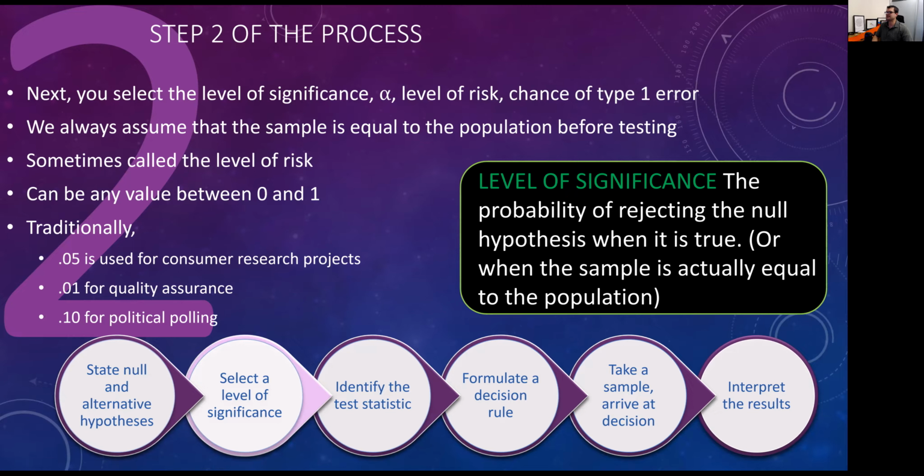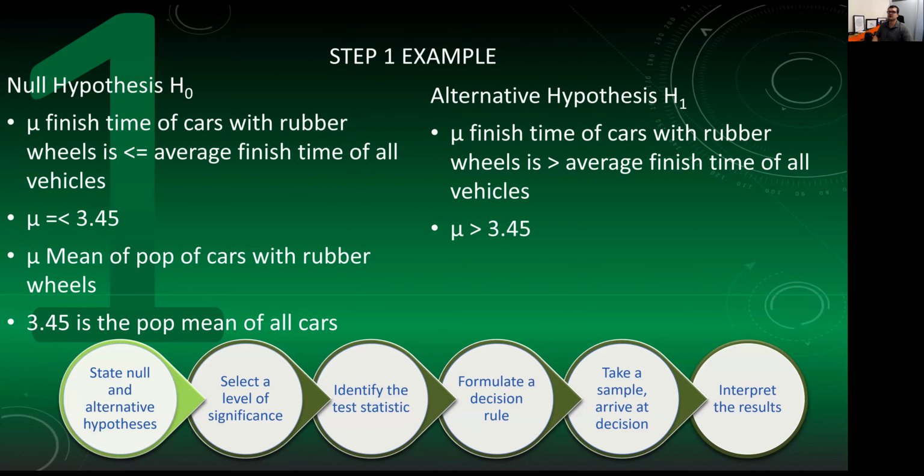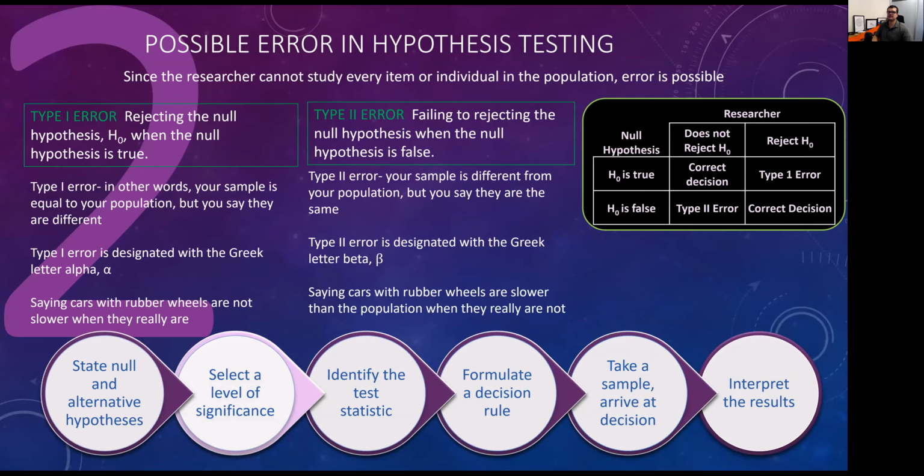So what does that really mean? The probability of rejecting the null hypothesis when it is true. So in other words, the probability of rejecting the idea that there is no difference when there really isn't, or the probability of saying cars with rubber wheels are not slower when they really are. So that's type 1 error. So there's type 1 error and type 2 error.